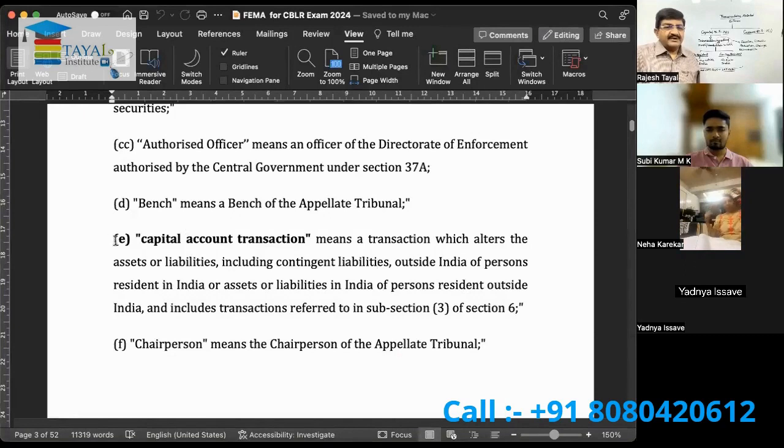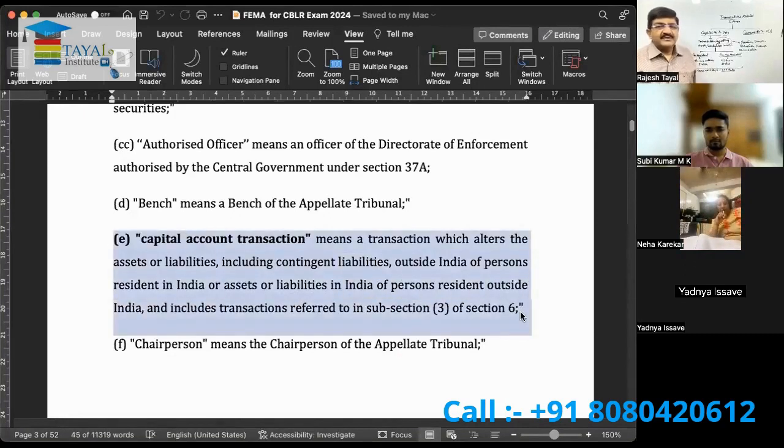It means a transaction which alters, I have used the word affecting, the assets or liabilities, including contingent liabilities, outside India of a person resident in India. For a resident, the assets and liabilities are outside India. Or assets or liabilities in India of a person resident outside India. And the remaining words are irrelevant.